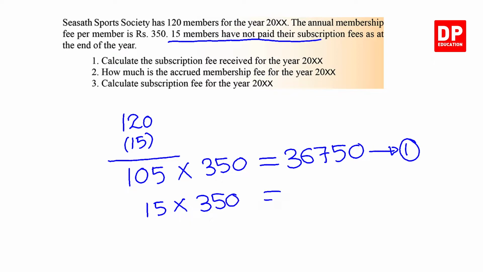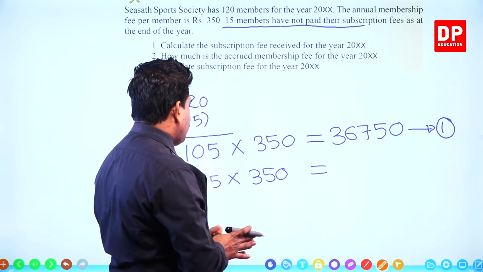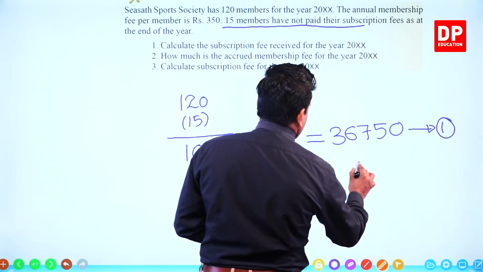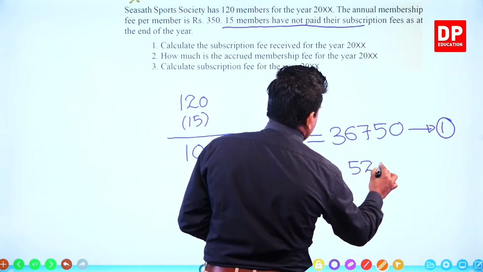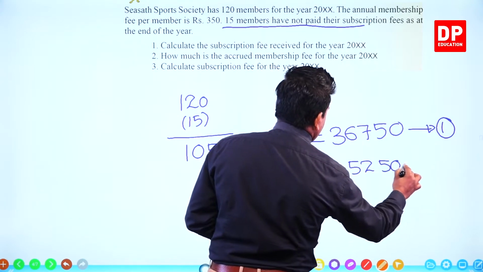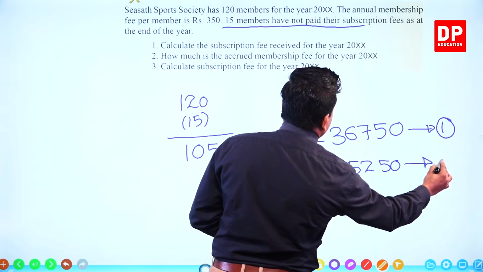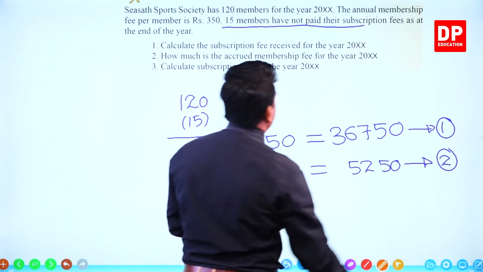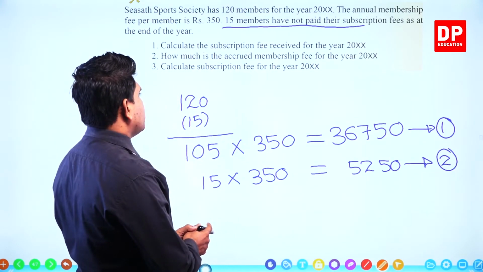Then how much? 15 into 350, the answer is 5,250. Right? It is the amount to be received from the members.